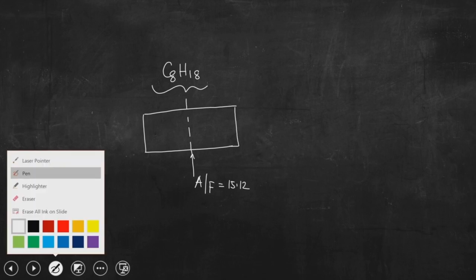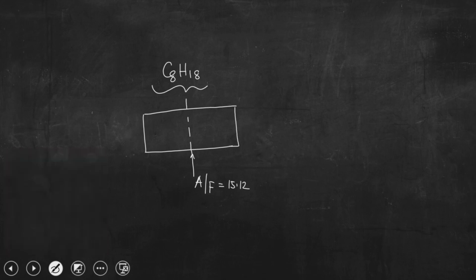Now, we need to specify the range. So this is the range, say this is 8 and this is 20, right. So this is the air-fuel ratio.